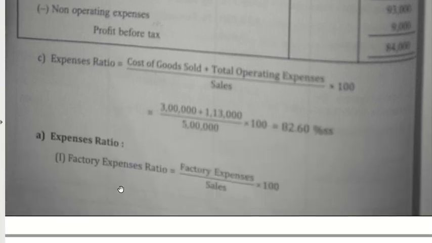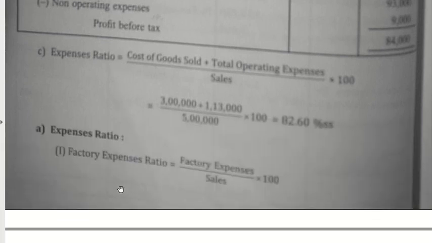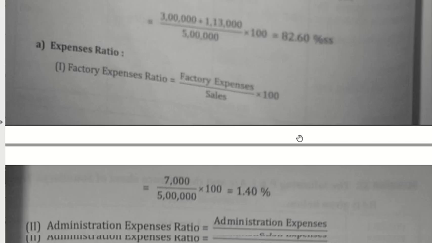So now let us look into each ratio. So the first ratio that we have is the expenses ratio. The formula is cost of goods sold plus total operating expenses divided by sales into 100. So 3 lakhs plus 1,13,000 divided by 5 lakhs into 100, which is 82.60.